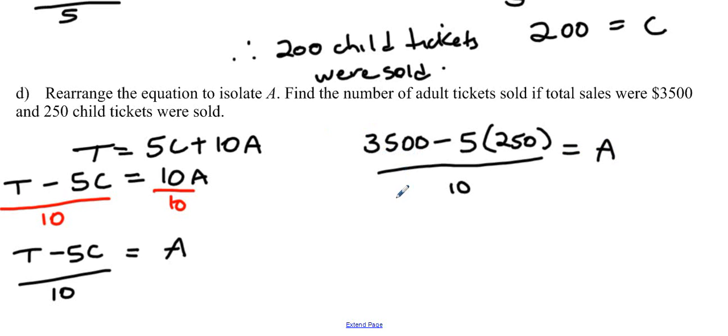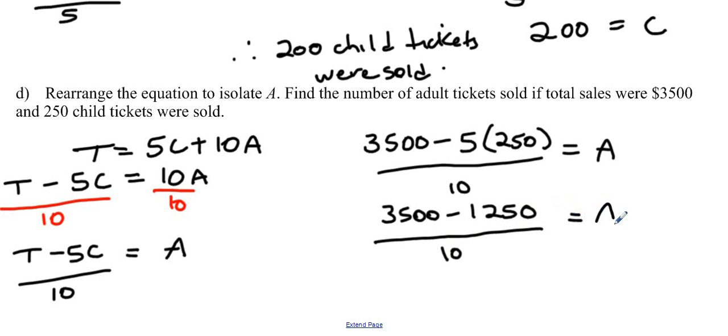So 3,500 minus 1,250 all over 10 is equal to A. All right, so this is 2,250 divided by 10 equals A, and that equals 225.